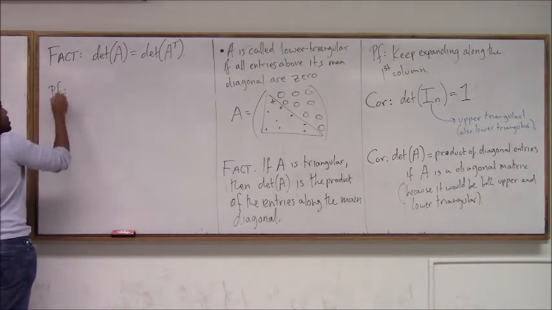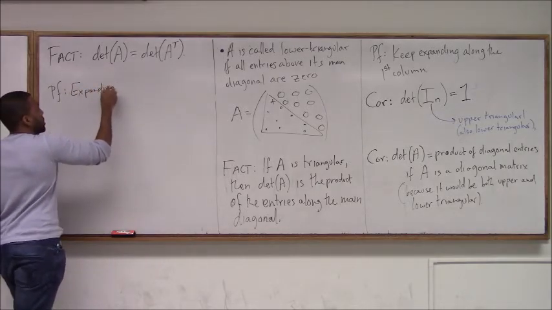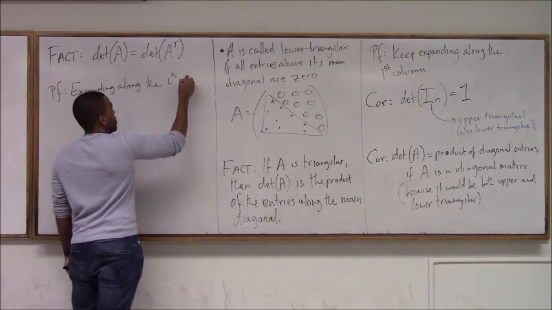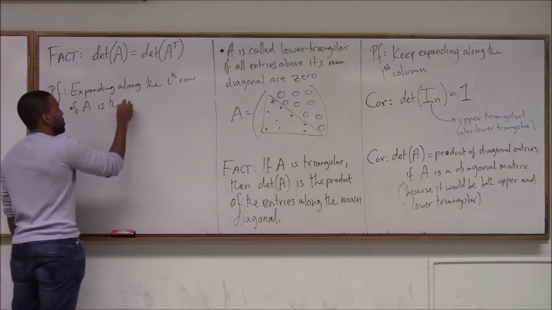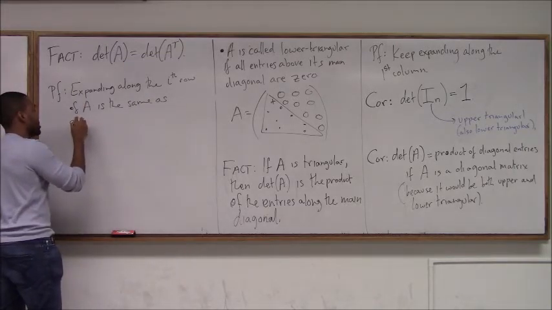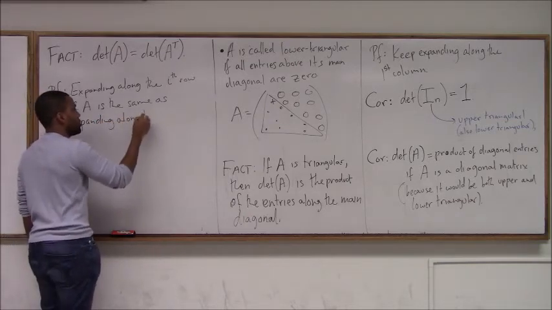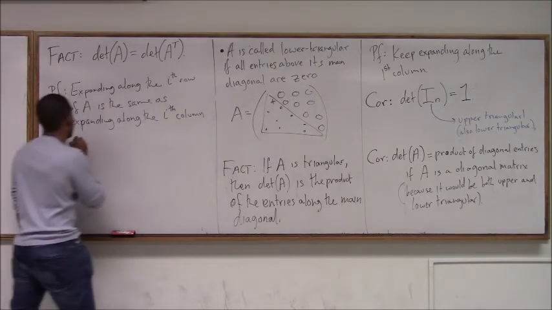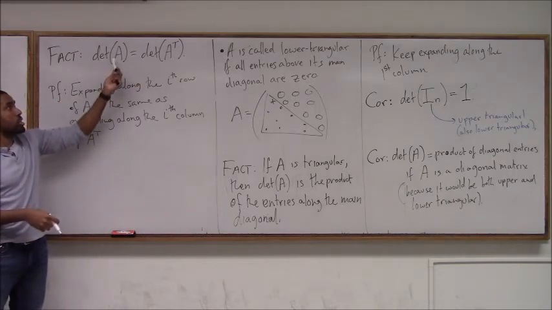Proof for this: expanding along the ith row of A is exactly the same as expanding along the ith column of B, because all the rows here become the columns there.